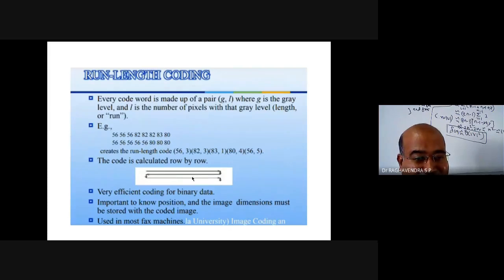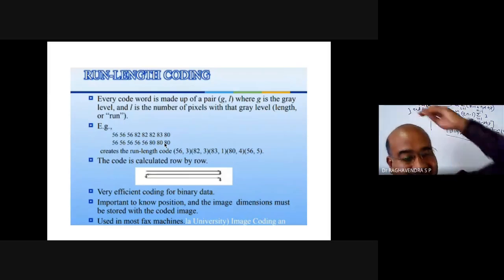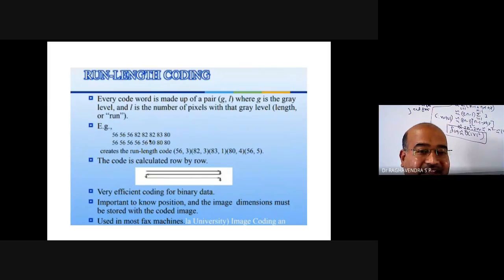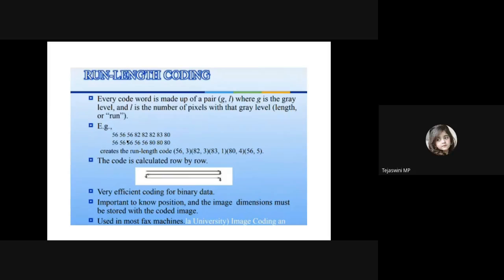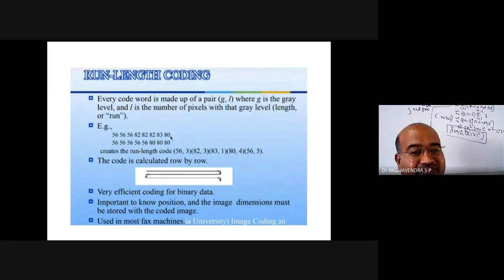So if you consider 80, you have to count the frequency with respect to the first row as well as the second row. So what is the frequency of 80 then? 4. First one, then second one, third one and fourth one. So the frequency, that is the number of pixels, is 4.